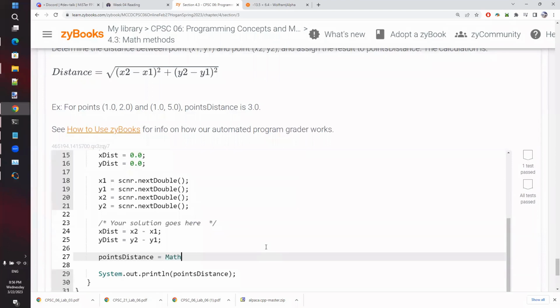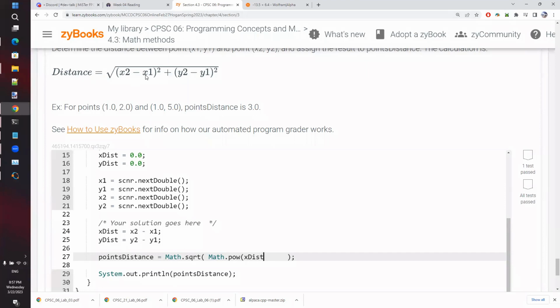That's capital M Math.sqrt. Got all the space inside the square root now. What goes in there? Well, x2 minus x1 squared. You could use a pow for that. So you could type it this way, Math.pow, and the thing you want to square is xDist.